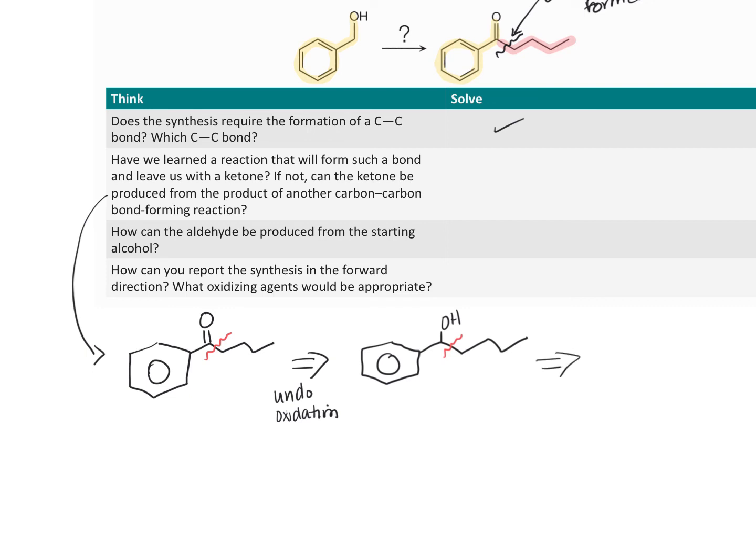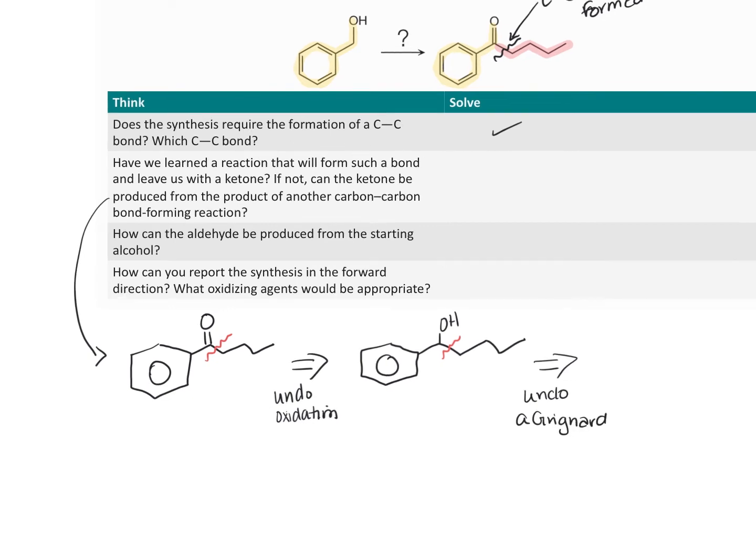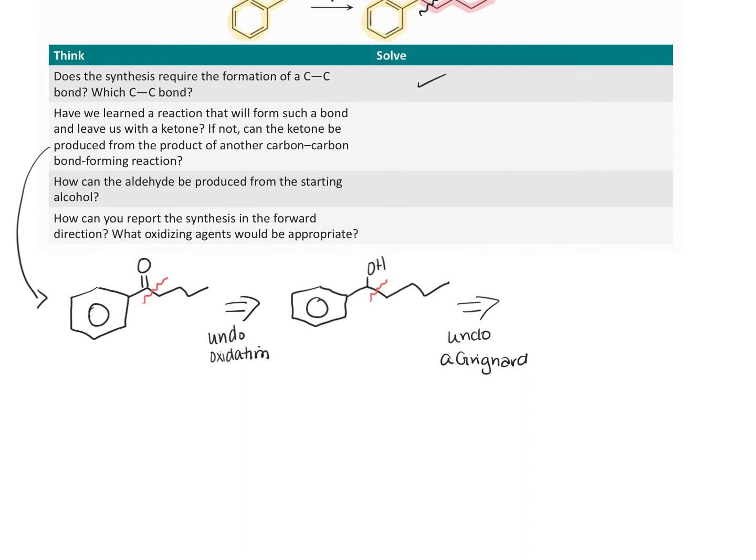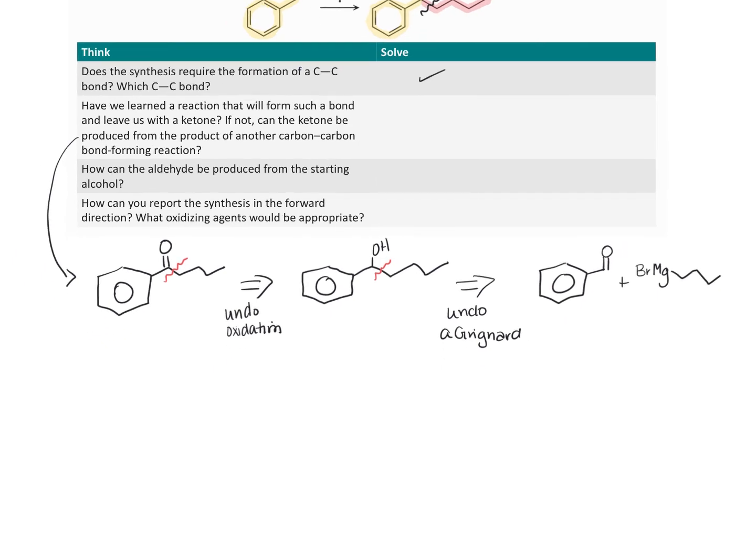And then if we undo a Grignard, which is one of the ways that we know to make a new carbon-carbon bond, then this is what we would have.